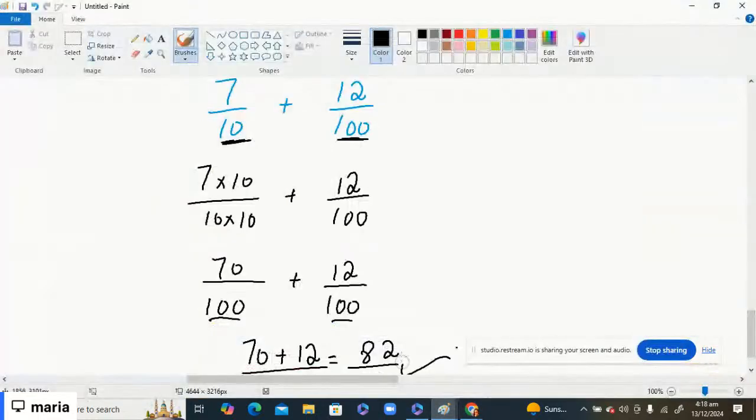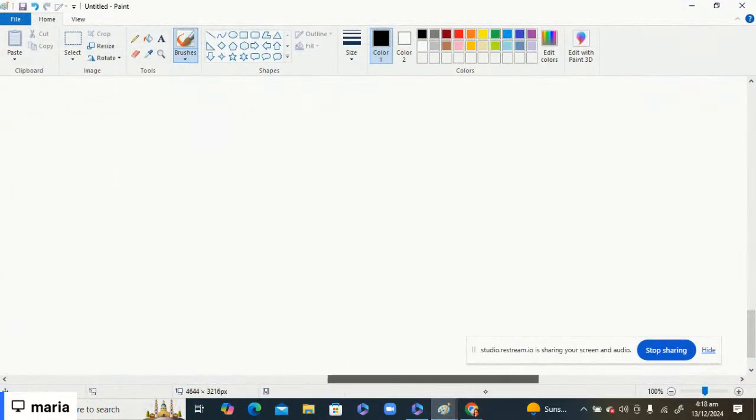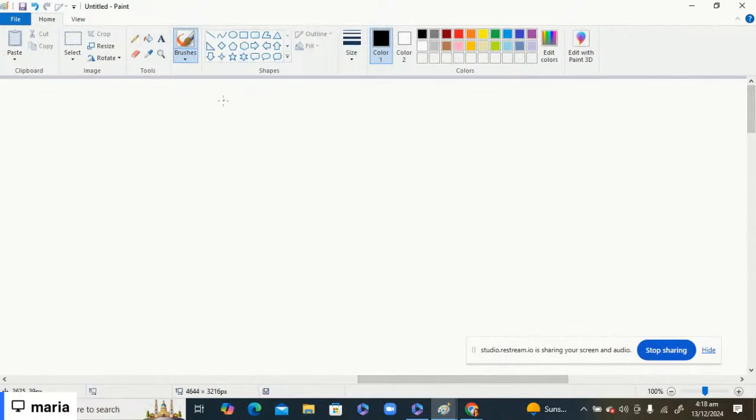Now 6 by 100 plus 9 by 10. 6 by 100 stays the same here.